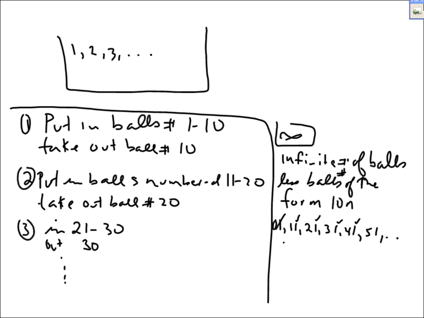Eventually in this pattern, you'll get to 220 and 230, 990, excuse me. They should have 1s at the end, I'm sorry.